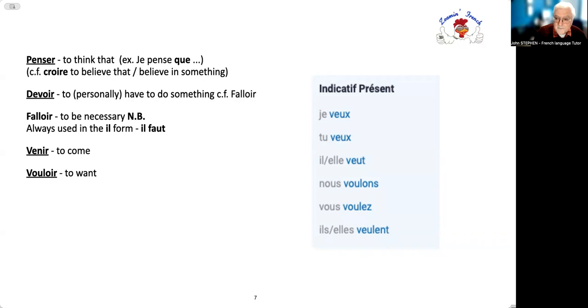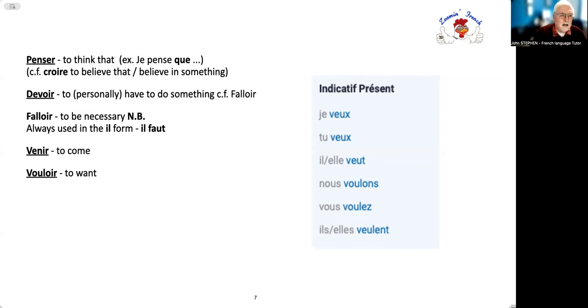So you start off with je veux with an X, tu veux with an X, then il, elle veut with a T. Same pronunciation though, absolutely, but the spelling is slightly different. Then nous voulons, vous voulez, then ils, elles veulent.